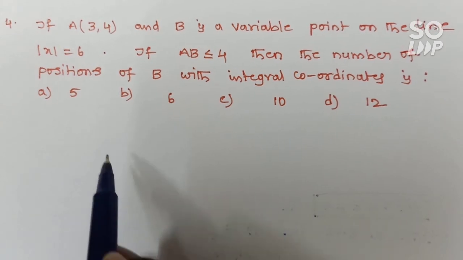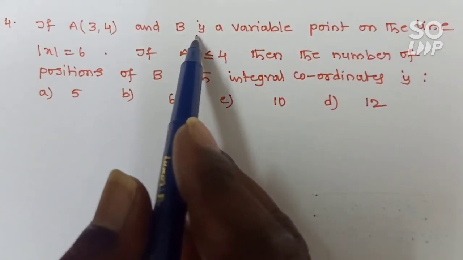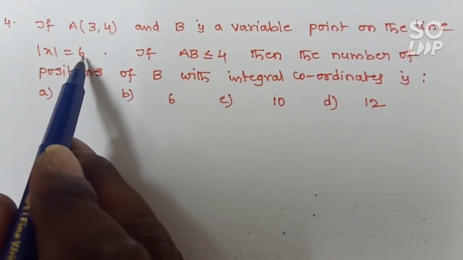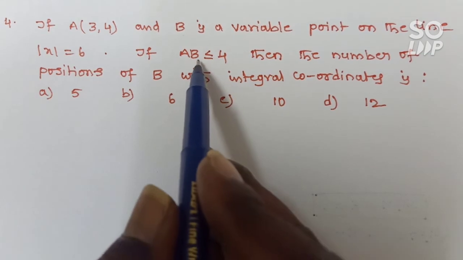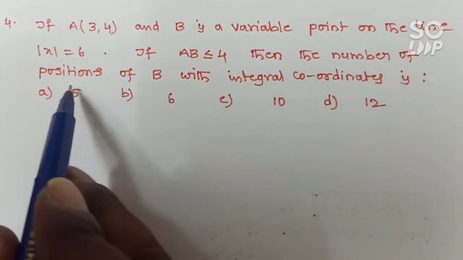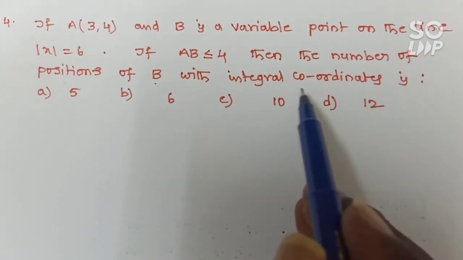See, in this problem, A is equal to (3, 4) and B is a variable point on the line modulus of x equal to 6, and AB is less than or equal to 4. Then find the number of positions of B with integral coordinates.